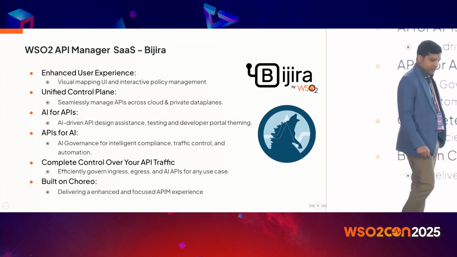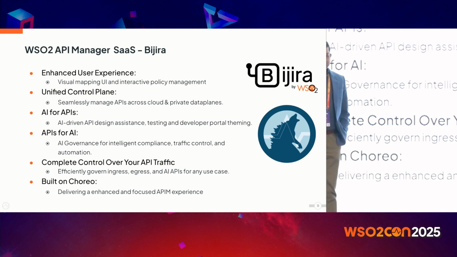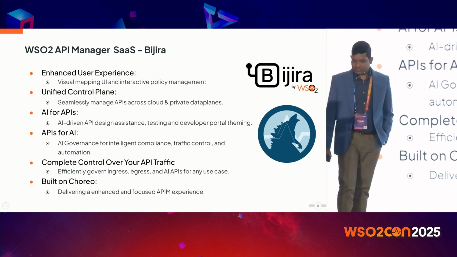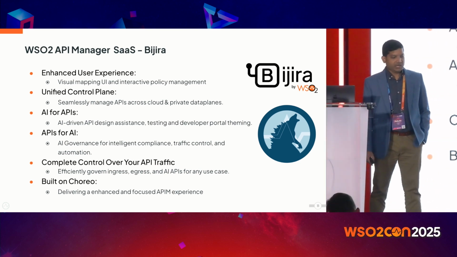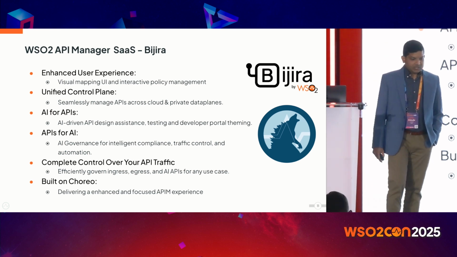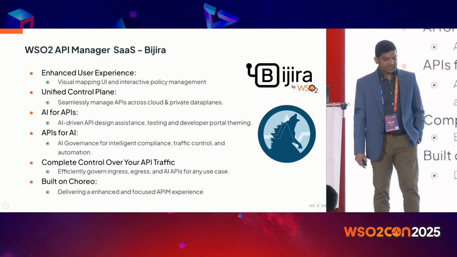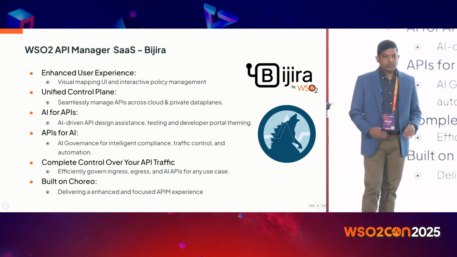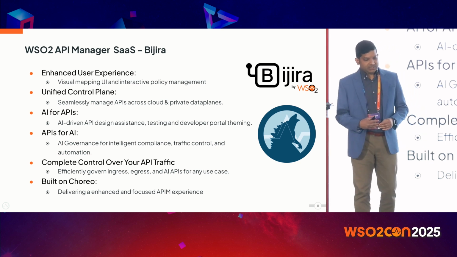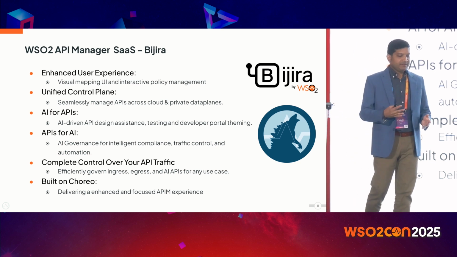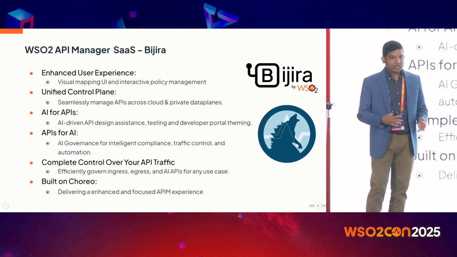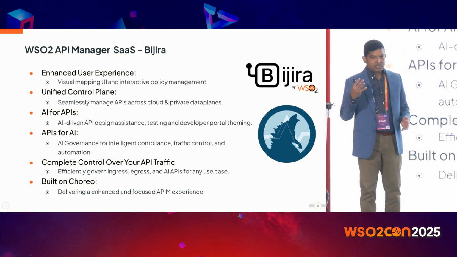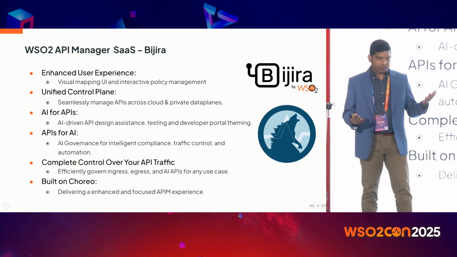Right, so I'll quickly introduce the Bijira new APIM SaaS offering that we have. Starting with this, we looked deeply into enhancing the user experience. We developed a visual mapping UI where you can map your service with the API proxy.